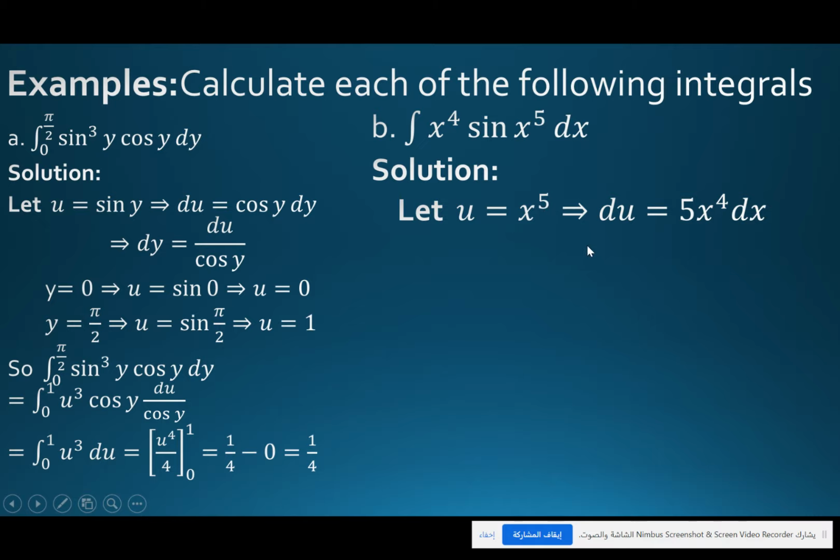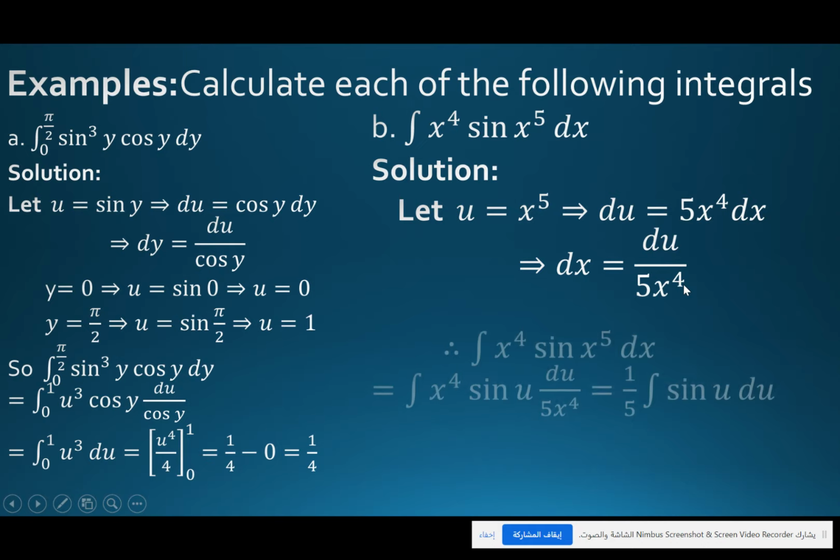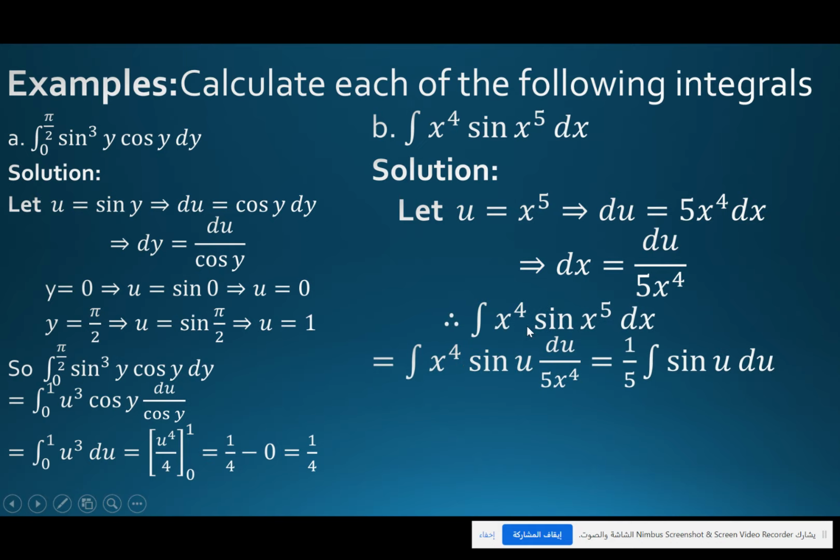Now derive each. du equals 5 goes down, x to the power of 4 by subtracting the power by 1, dx. Make dx the subject. You will get dx equals du over 5x to the power of 4. Replace it in your integration. You're going to keep x to the power of 4 because you didn't consider it with u, and write sine u.